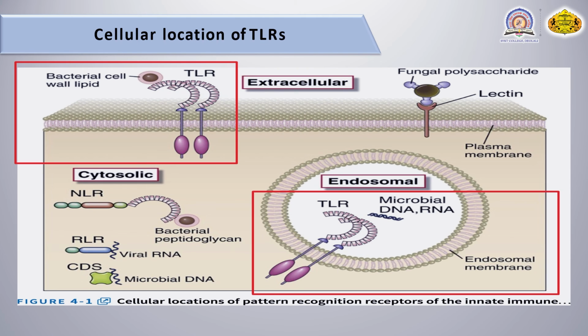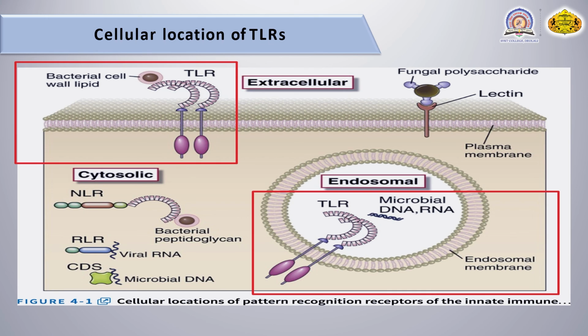Or in the cytoplasm, they are called cytosolic TLRs, such as NLR, RLR, CDS. They interact with microbial cell structures or chemicals, such as bacterial peptidoglycan, viral RNA, and microbial DNA.